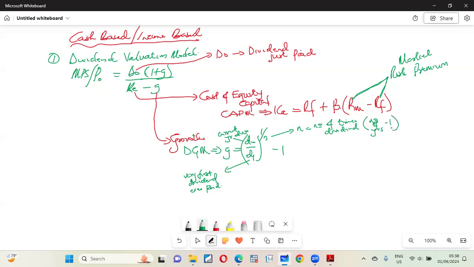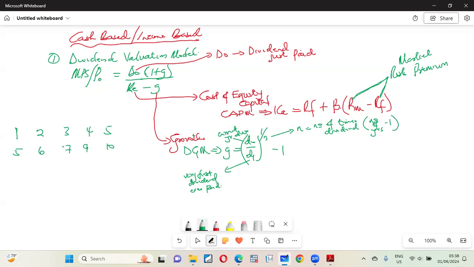Or you can just say the number of times the dividend grows. Let me give you an example. We have years: year 1, year 2, year 3, year 4, year 5. Then I have dividends of 5 cedis, 6 cedis, 7 cedis, 9 cedis, and 10 cedis.